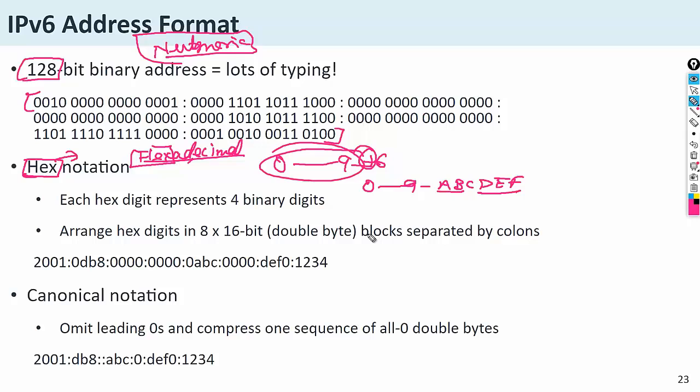Sometimes you will see it written like 2001, which looks like decimal, and 0db8, which looks hexadecimal. You cannot use X, Y, Z because they are not within the hexadecimal range. The hexadecimal range is from A to F only.